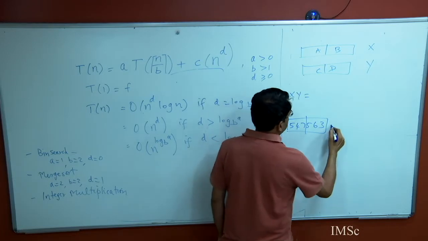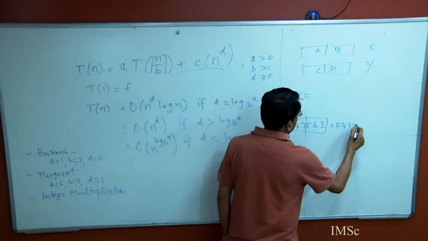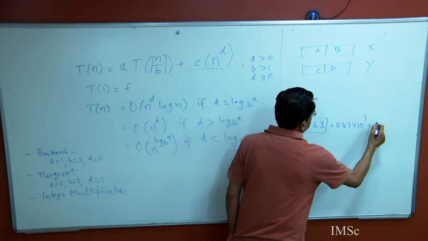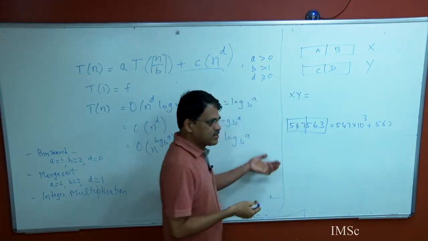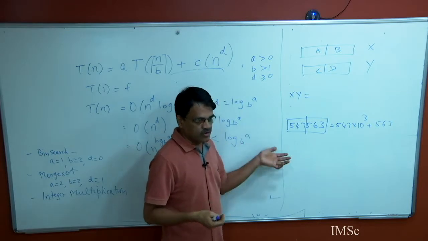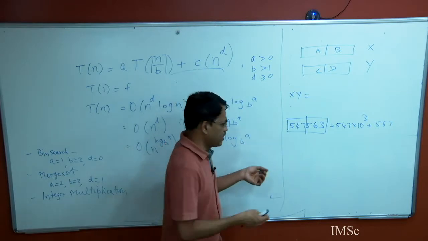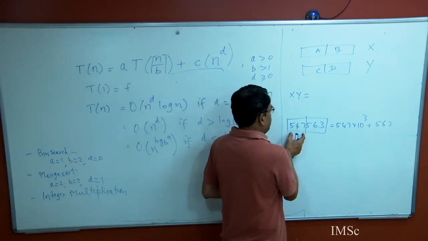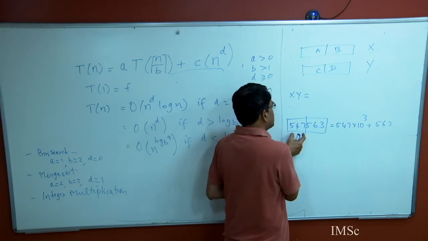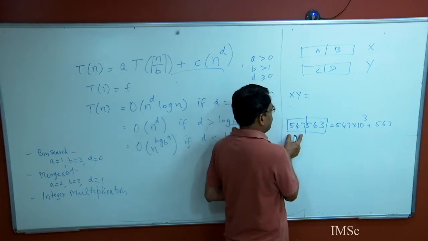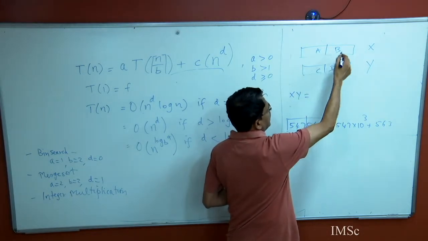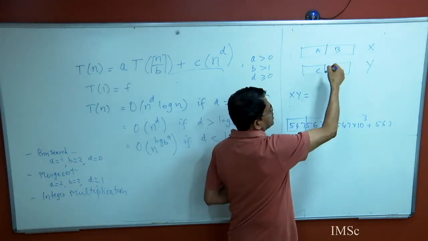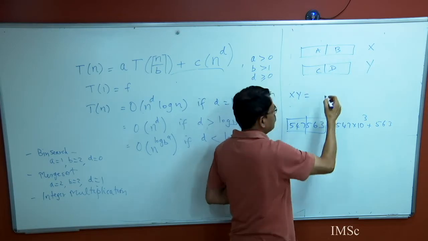How do I write this number? It's 547 into 10 cubed plus 563, right? So it's a decimal number, so it's 10 cubed, but if you are talking about binary, it will be 2 power something. So if you think of this whole number as a number with n by 2 digits, then x is a into 2 power n by 2 plus b, y is c into 2 power n by 2 plus d.